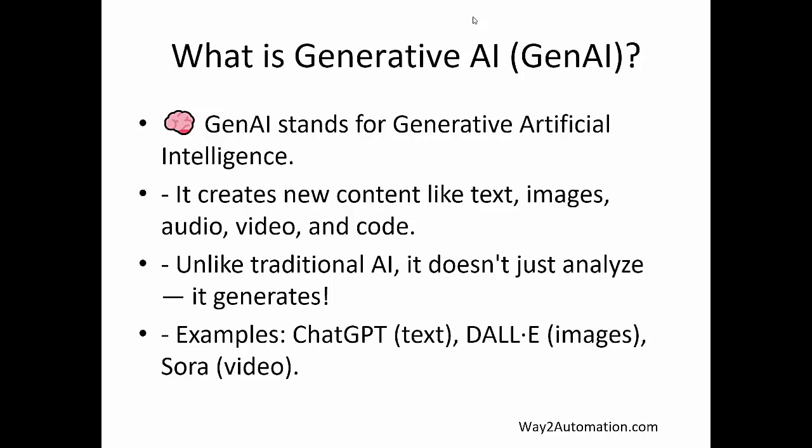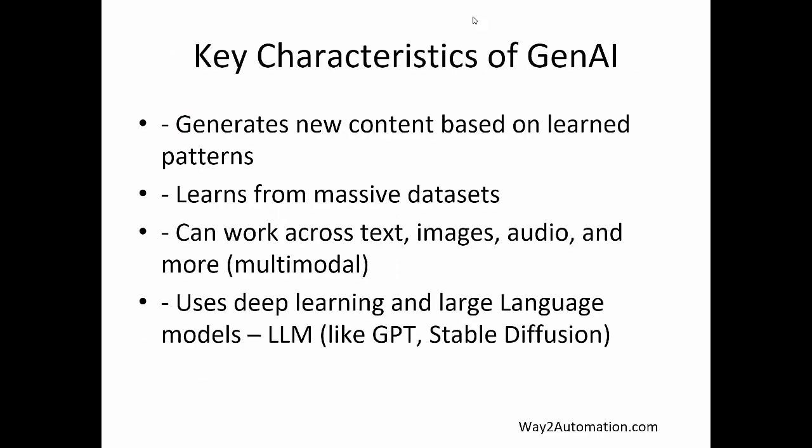give it. For example, when you ask ChatGPT to write an email or DALL-E to create an image of a cat wearing a suit on Mars, that's how GenAI works. It's different from traditional AI, which usually focuses on things like classification or prediction.